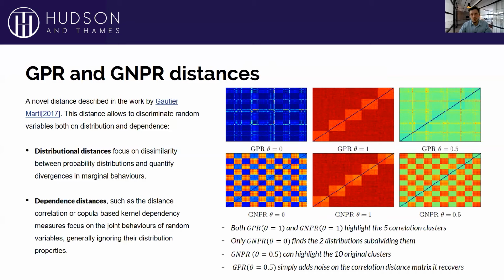This is an example that would show why this distance in particular is meaningful and can be used in many applications. So from the second column of graphs, so to say, we have 5 clusters of random variables, random elements. The elements within the cluster are highly correlated, and they have lower correlation with elements outside the cluster, which can be seen in these two graphs.